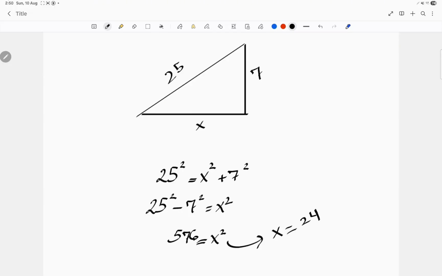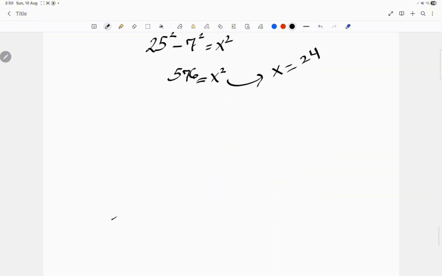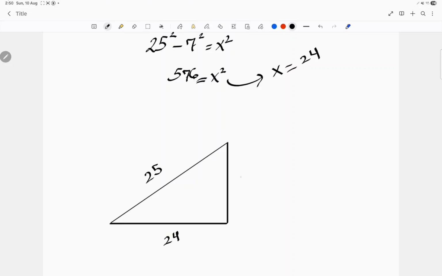Now we have a right triangle with all the dimensions: a 25, a 24, and a 7. Let's go. So this is the y, and this is the x, and this is the L.